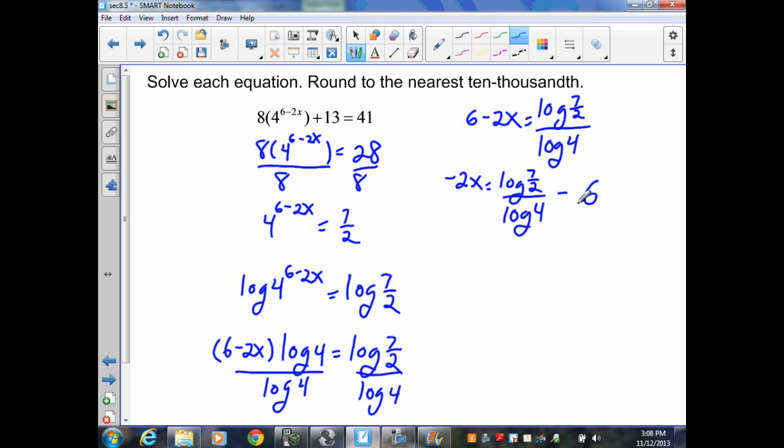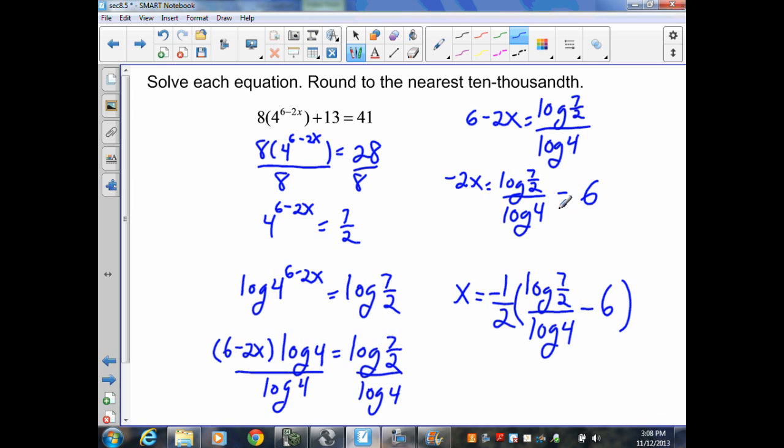Now what I want to do is multiply both sides or divide both sides by either a negative half or divide by a negative 2. I'm going to multiply by a negative half. That's going to give me x equal to a negative 1/2 times the log of 7 over 2 over the log of 4 minus 6.